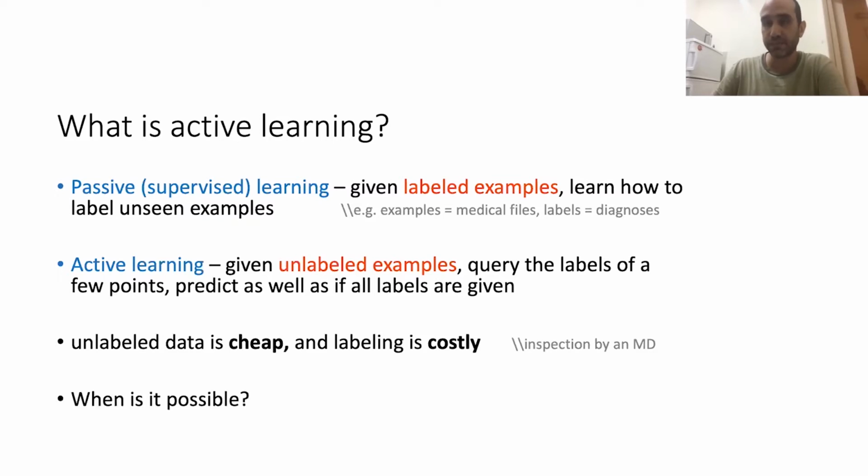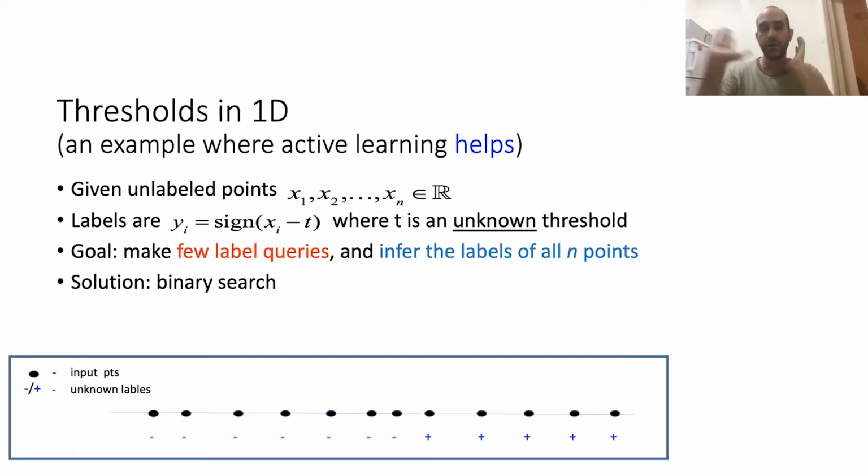So when is this possible? Let's consider a very simple toy example to just get used to this model. Imagine we have unlabeled points x1 up to xn on the real line. This is our input.